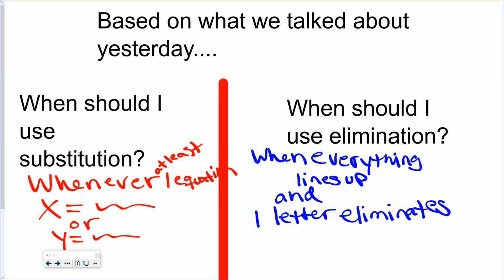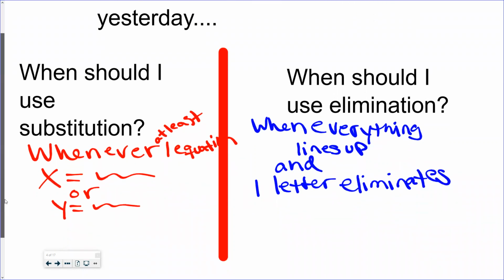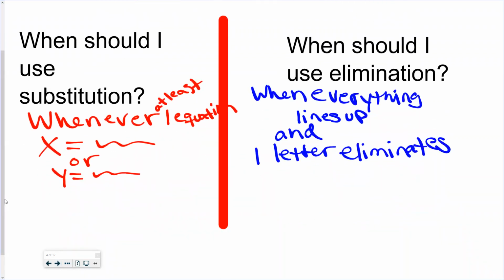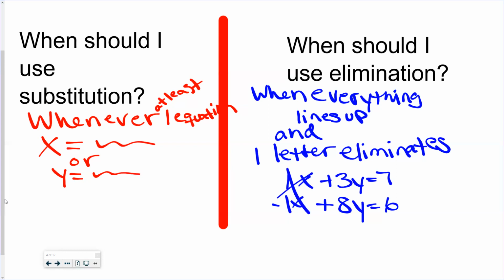Okay? So for example, when I'm saying lined up and eliminates, if I had 1x plus 3y equals 7, then I would have negative 1x plus 8y equals 6. And that right there is everything's lined up and one of my letters eliminates.